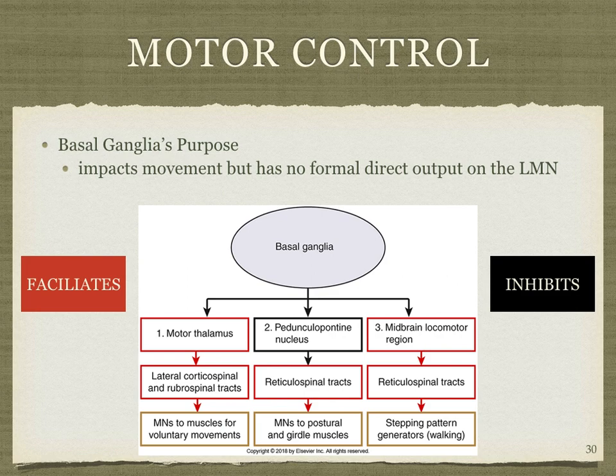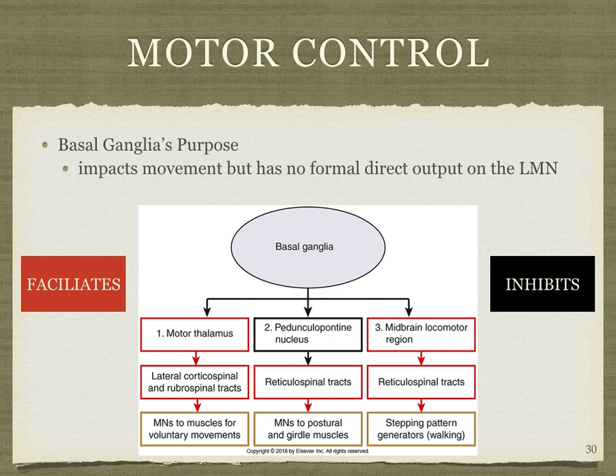So if we have a facilitation of that, we're going to see an over facilitation of tone, where we'll see rigidity of movements. For the third one, we're inhibiting this locomotor region in our midbrain, and what it allows for are these reticulospinal, which is our extrapyramidal tract, which is not something we've learned, but it's normally helping and aiding in stepping action, so reciprocal movement.